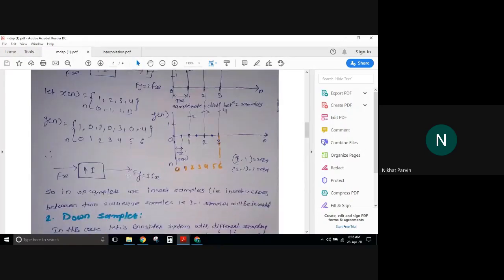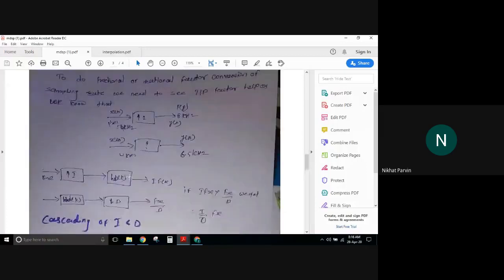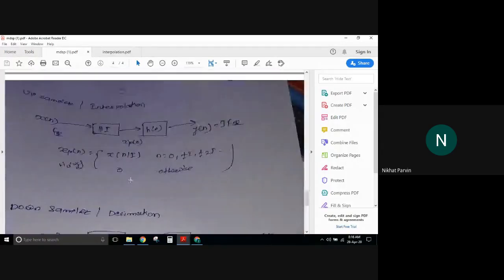So now the difference between your upsampling and interpolation is simply this much part. If you see this much part, this is my upsampling. That means upsampling followed by a low pass filter is nothing but your interpolation.